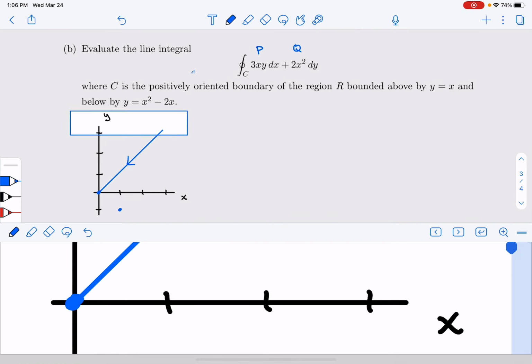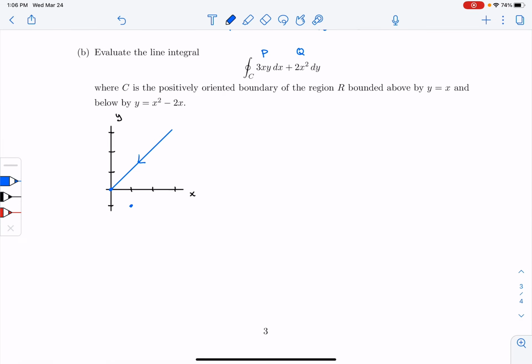And then finally, at x equals 3, I get the point 3. And so this is a parabola that intersects with the line y equals x at x equals 3. So we see there are intersections there at the point 3, 3 and the point 0, 0.